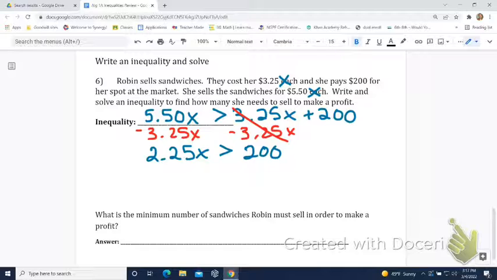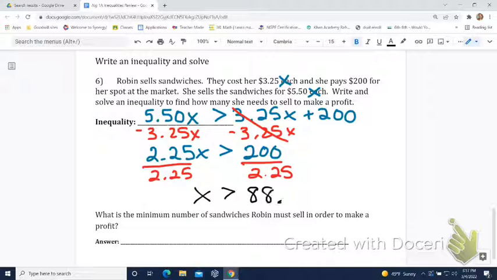So now we're going to take our 200. We need to divide both sides by 2.25 because we're trying to get the x by itself. So in this case, the coefficient has a decimal in it. Things still behave the same way. And what we find is we get x is greater than, now this is the part that you're not going to usually see, I get 88.8888.